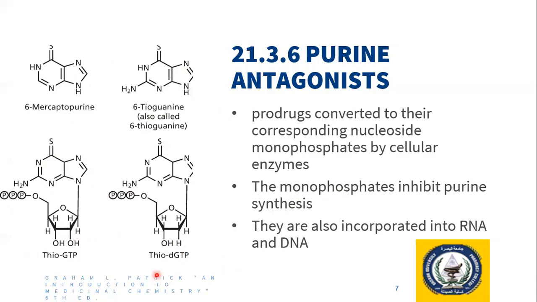Then the thio-GTP will be incorporated into RNA, and the thio-deoxy-GTP will be incorporated into DNA, and that will lead to either chain termination or the formation of non-functional DNA, which will lead to apoptosis eventually.